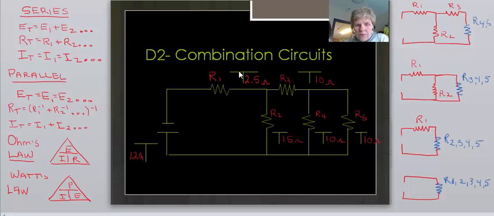And remember that my little T's inside this circuit represent Ohm's law, so the top number will be the volts, the left-hand side will be the amps, and the right-hand side will be the ohms for each of these T's.